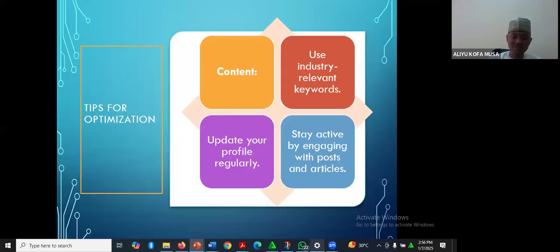What are the tips for optimization of usage of LinkedIn? One, use industry relevant keywords. Aruna is drawing our attention to that. Can you remember? Yes, I believe Ibrahim Madaki can remember.